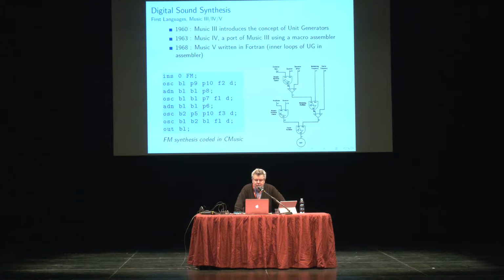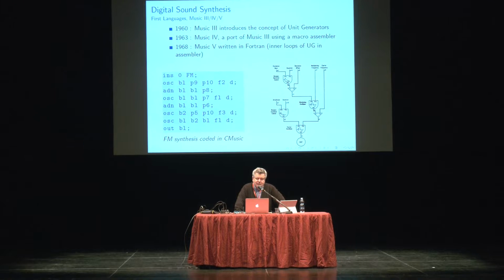So here you have an example not of Music 5, but of C music, which is closely related. And you see that conceptually it's a graphical programming language, but using a textual syntax. So you have unit generators like oscillators, envelopes, etc. And you have connections which have names to connect them together.